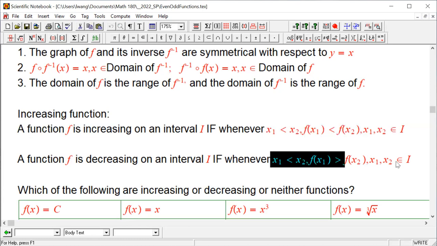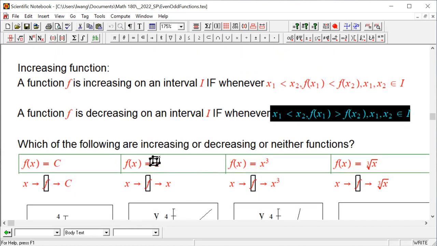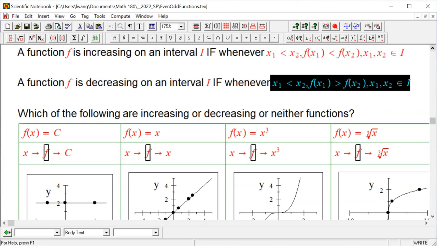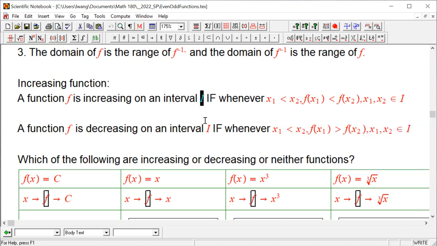And we discussed the details on these examples, which one is increasing, which one is decreasing. In particular, we all have domain and range in our mind, but in the definition for increasing and decreasing functions it doesn't have to be the entire domain. We need to specify the specific interval at which the function is increasing or decreasing.